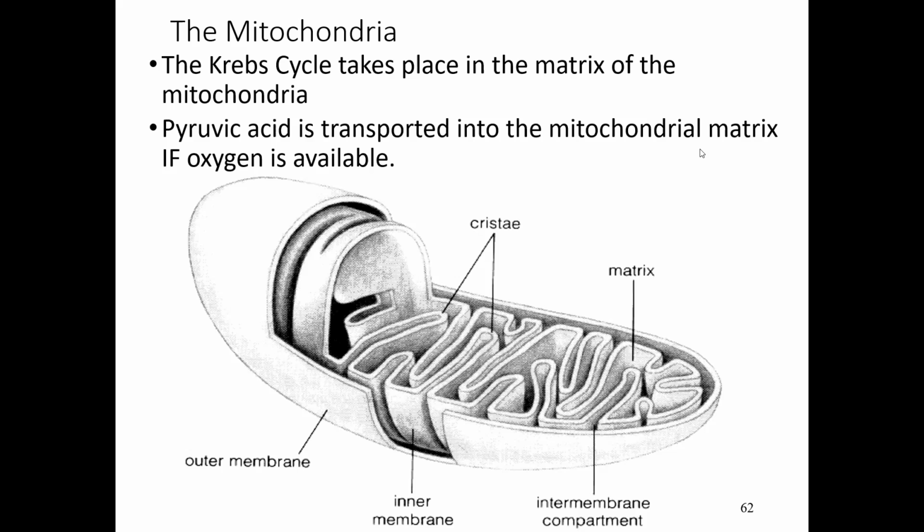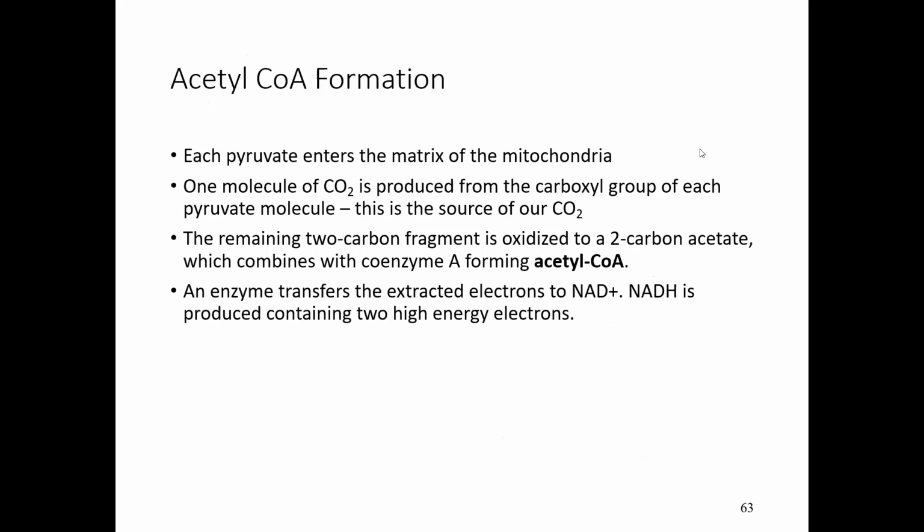From there, those 2 3-carbon molecules, remember it's 2 3-carbon molecules because it split the glucose in half, go right into the matrix of the mitochondria, but as soon as it enters the mitochondria, it is going to be immediately oxidized, I guess is a good term, by a carboxylase enzyme, and it's going to strip off a carbon atom along with 2 oxygens.